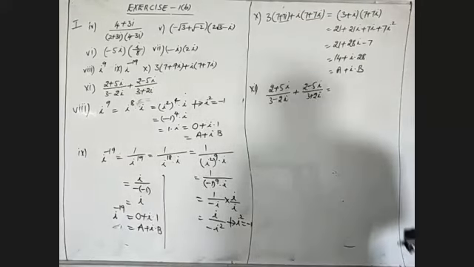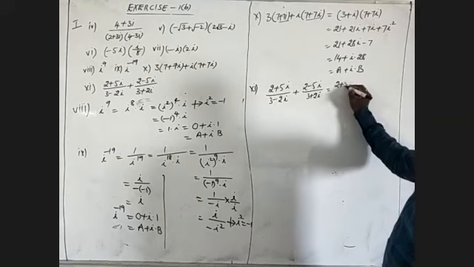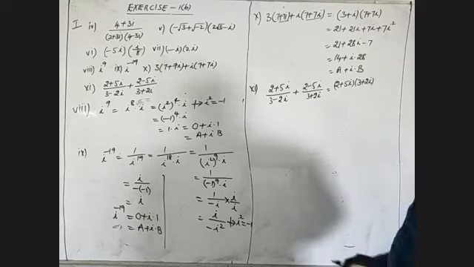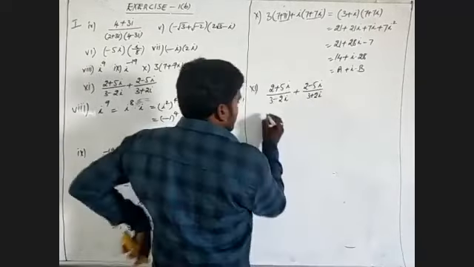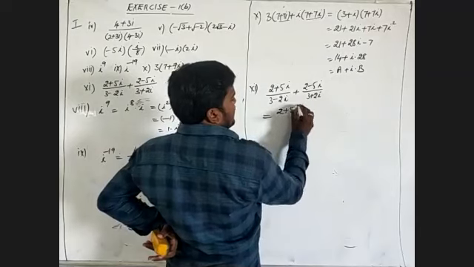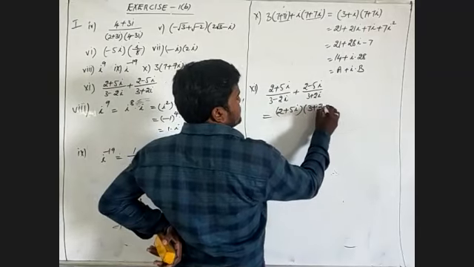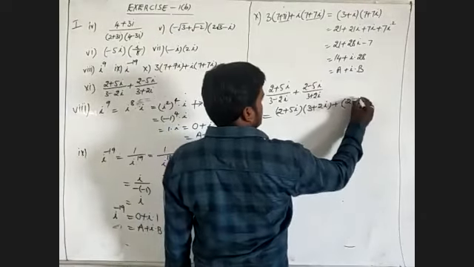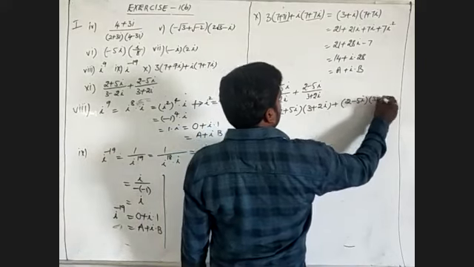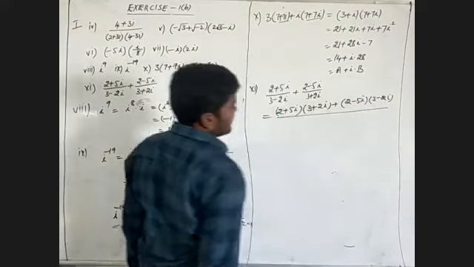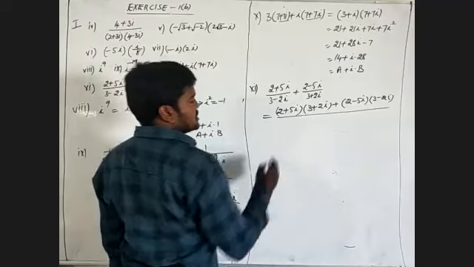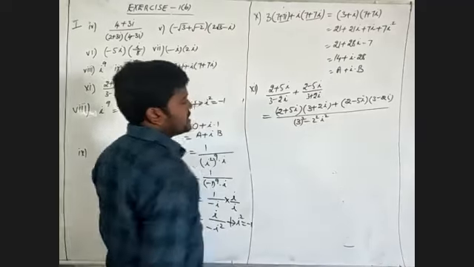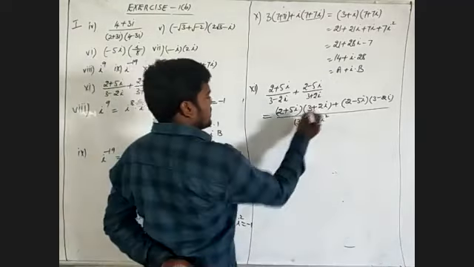By using cross multiplication, that will be written as 2 plus 5i into 3 plus 2i plus 2 minus 5i into 3 minus 2i, by the denominator, which is of the form a minus b into a plus b, written as 3 square minus 2 square i square. First, this term is multiplied by this one.